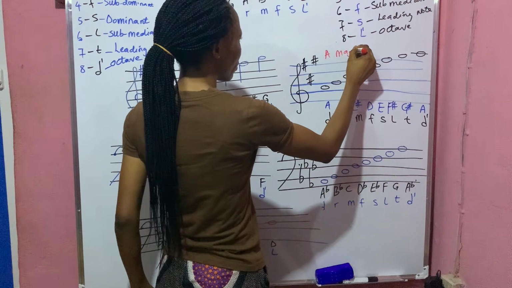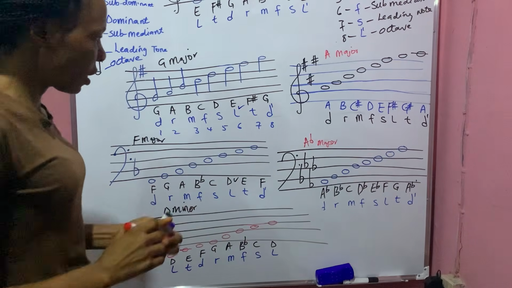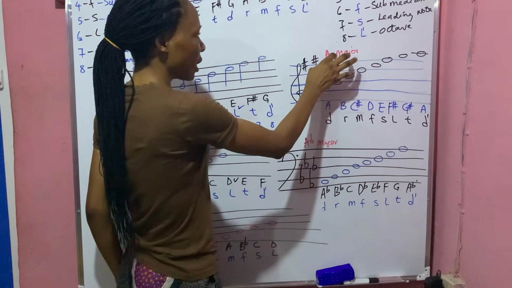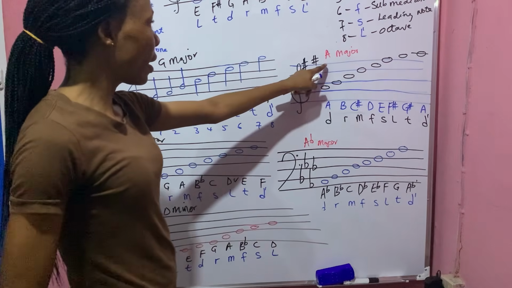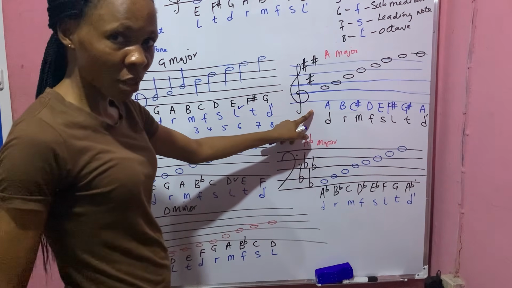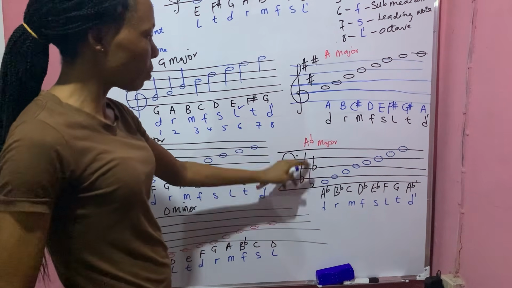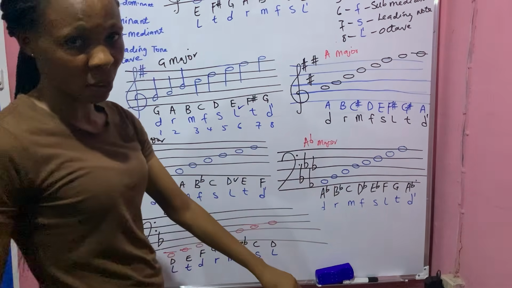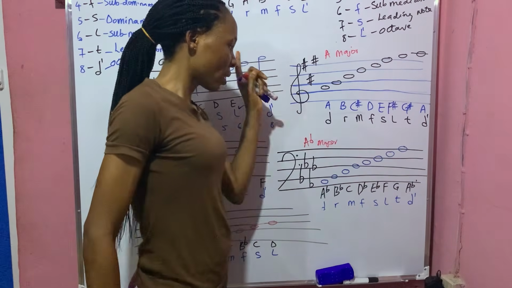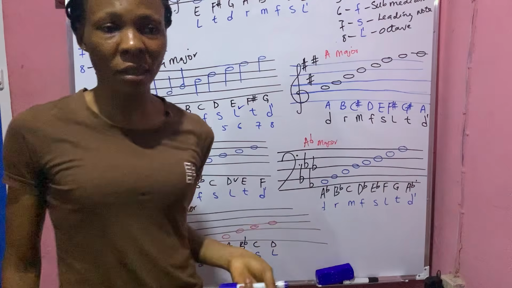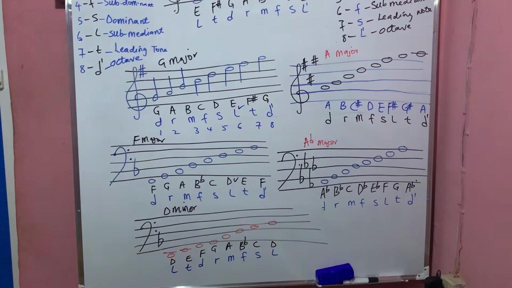Oh, this is even good. Now, can you see the difference between A flat major and A major? A flat major has 4 flats, A major has 3 sharps. I did not even notice this, but can you see the difference now? Same letter names, but different key signatures, different accidentals, different everything.